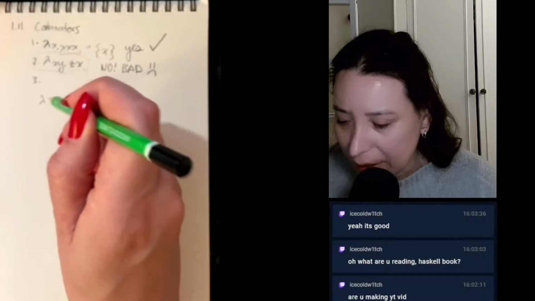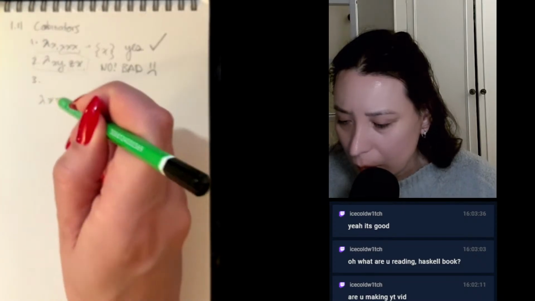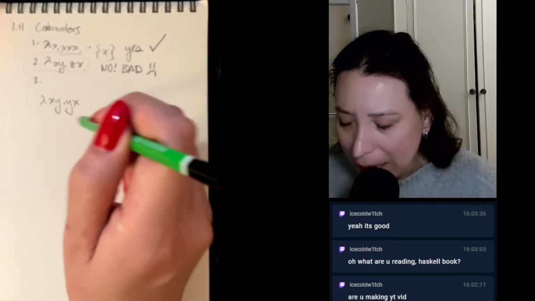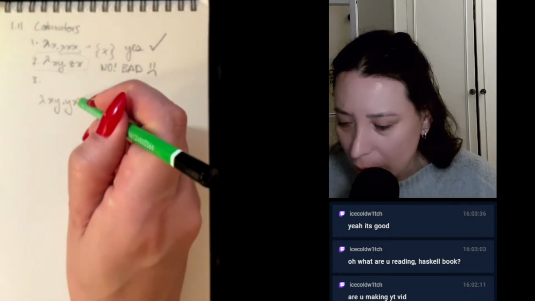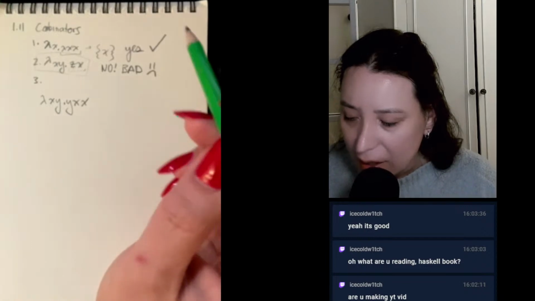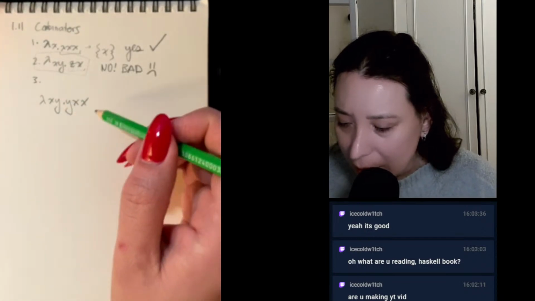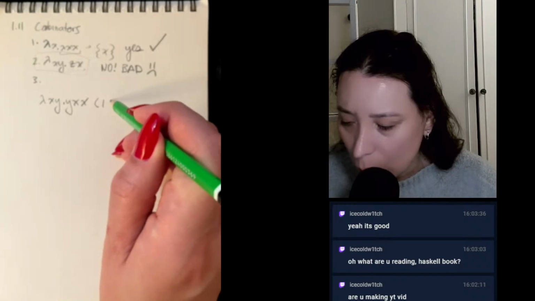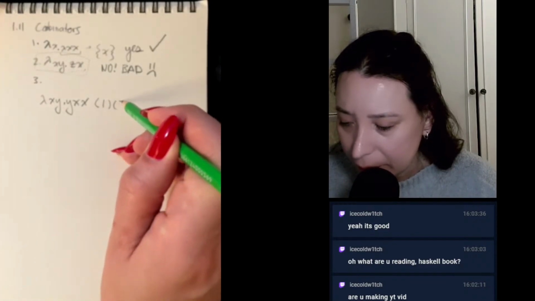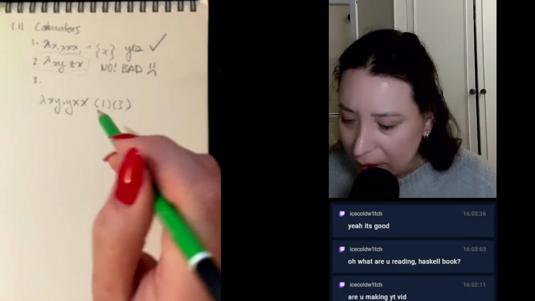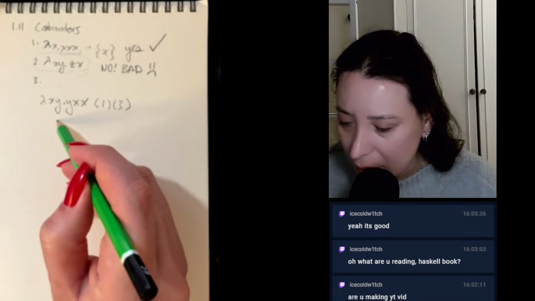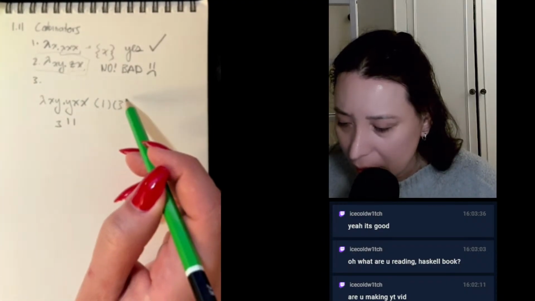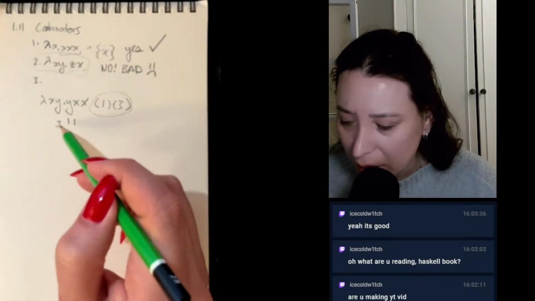If I did lambda x y dot y x, I'm sort of combining things. So if I give it 1, 3, this is going to turn into 3, 1. So I'm combining the input into something.